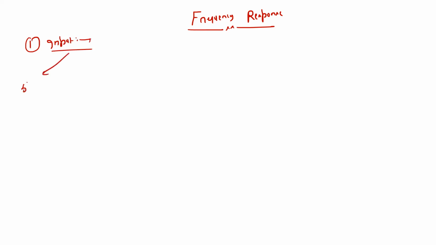Again, frequency response is a very important topic. Every year in the GATE examination, a 2 marks question used to come from the frequency response. So let's start frequency response. Till now, I have told you about different kinds of input: step input, impulse input, ramp input, and a fourth input I told you when I was starting the lecture of process dynamics and control, that is the sinusoidal input.